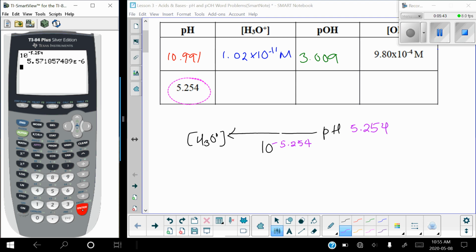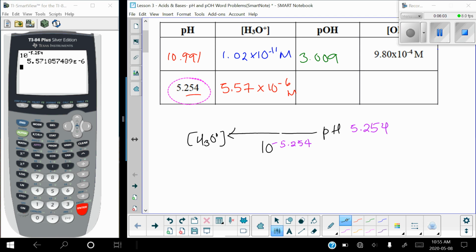Okay, I get a hydronium concentration of 5.57. I get 3 significant digits because I have 3 significant digits in my pH. Moles per liter. Great. Now, what else can we find?